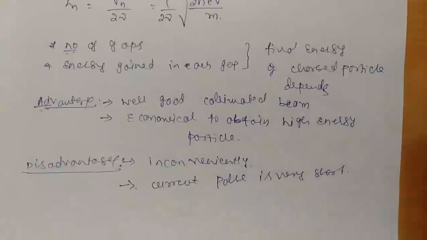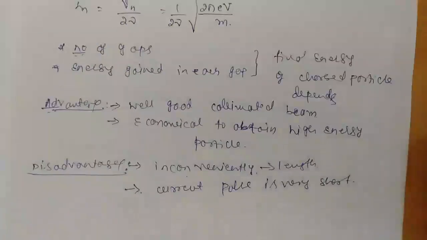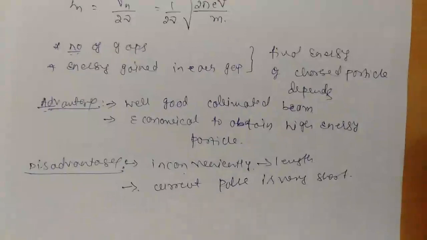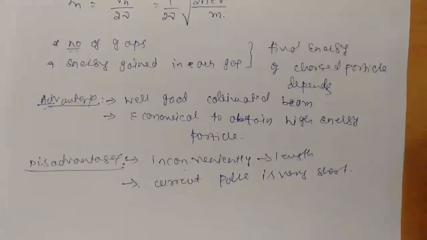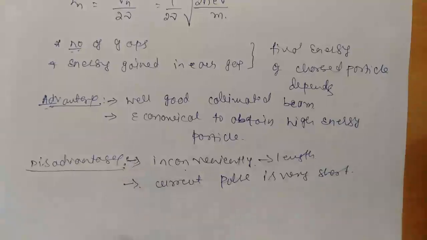So the first one is the length, which becomes very inconvenient. As the number of gaps and tubes increases, it becomes risky to maintain the vacuum in each and every tube. And since the length is increasing, it becomes a little difficult to handle the equipment. That is the first disadvantage or limitation.